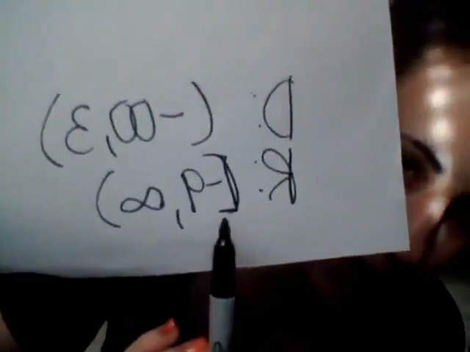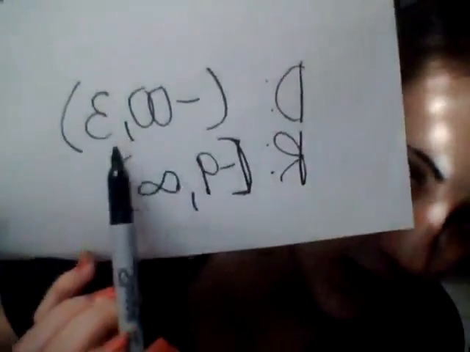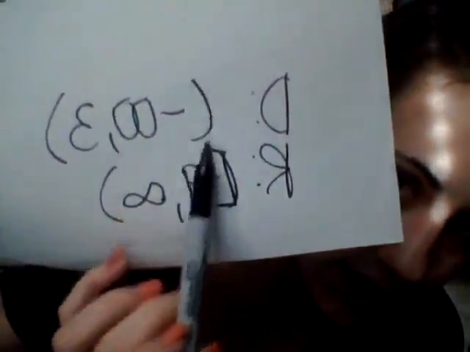Negative infinity to 3 for domain, range, negative 9 to infinity. This is totally not tied to anything, but when you see things looking like this, that's what interval notation is.